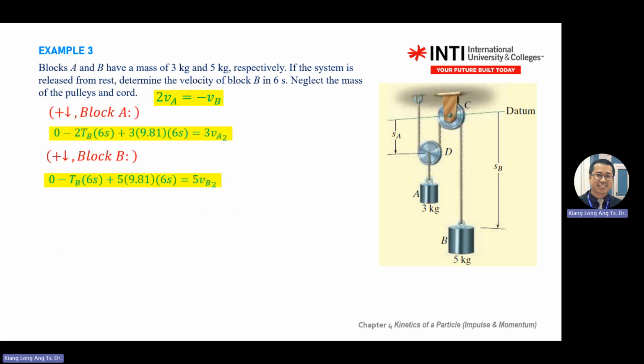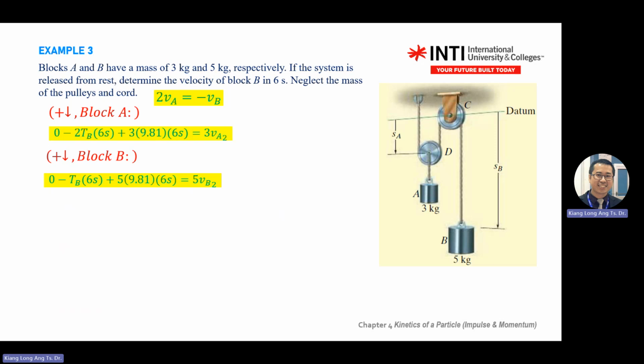Okay, first equation, second equation. You have the same TB here. You can either rearrange equation number 2 into TB equals something and substitute back here. Okay, then you have VA equals VB from the pulley system equation. You can substitute here or here, then you solve simultaneously.